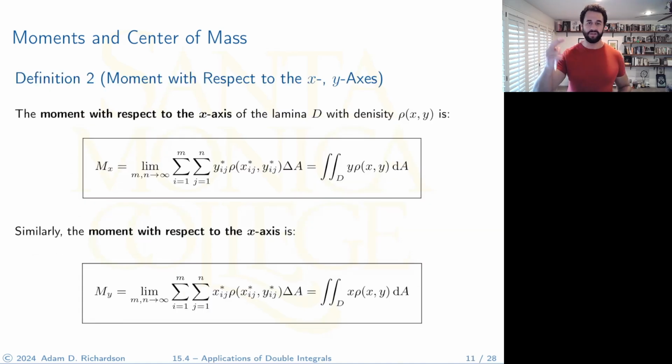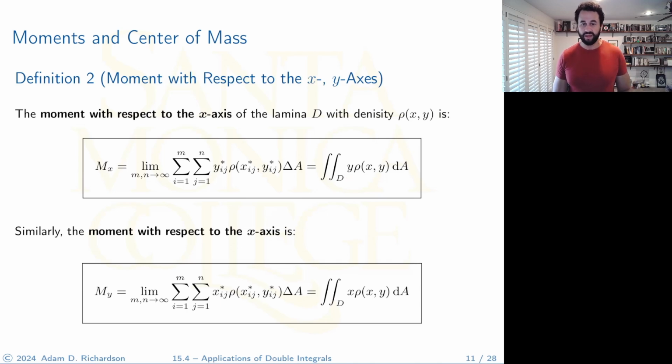I kind of merged them into the same thing just because the construction is very similar. So the moment with respect to the x-axis is given by this double integral. And this is like an infinitesimal version of the area, but the formula is the same. So we're basically taking the mass, this is the infinitesimal mass, and multiplying by the distance from the x-axis.